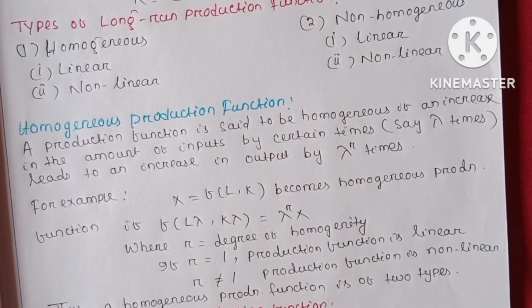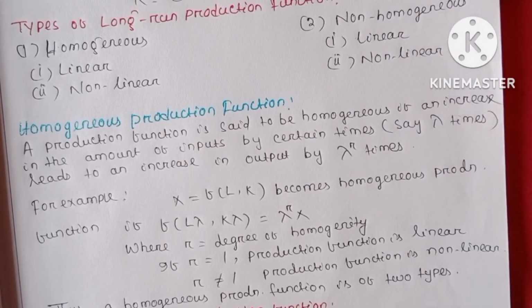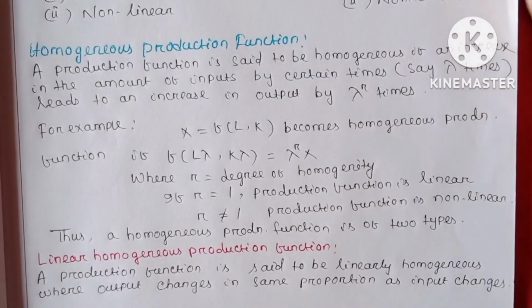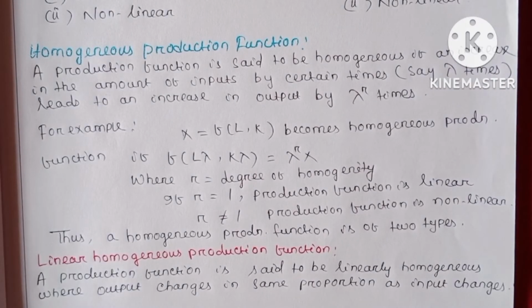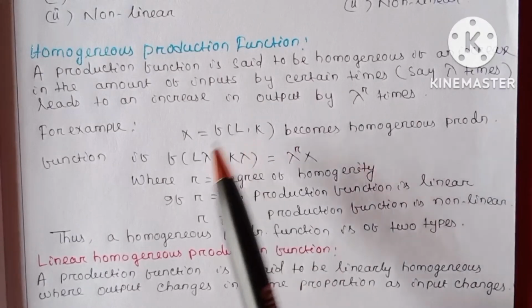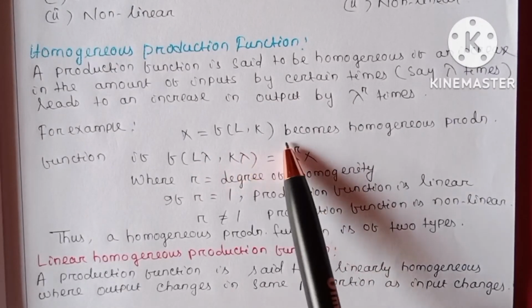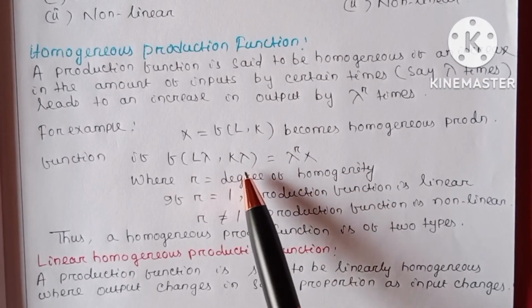Let's discuss first what is a linear homogeneous production function. A production function is said to be linear homogeneous where output changes in the same proportion as input changes. For example, suppose there is a function X equals f(L, K), and inputs increase by lambda times.